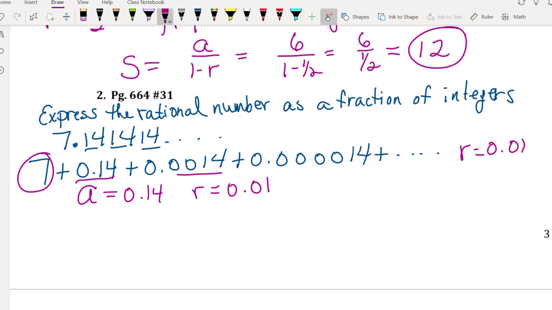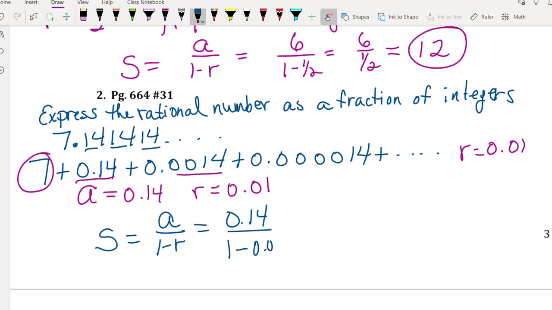So I can use the formula for a sum of an infinite geometric series, because that's what this is, which is A over 1 minus R. So that's going to be 0.14 over 1 minus 0.01. And so this is going to give me 0.14 over 0.99. I can divide by 100, so I get 14 over 99.